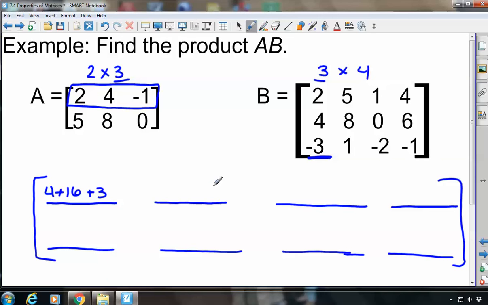Next we have row 1, column 2. So you take row 1 times column 2. So 2 times 5, 4 times 8, -1 times 1.